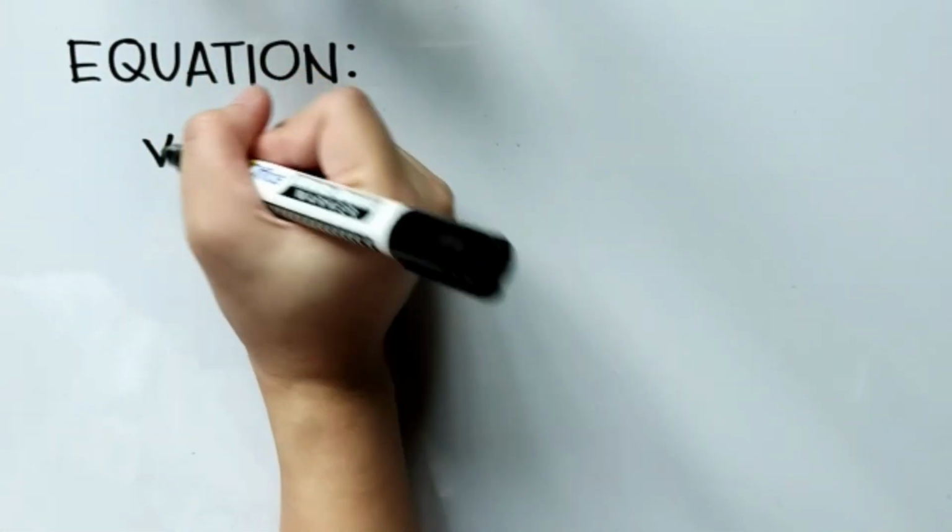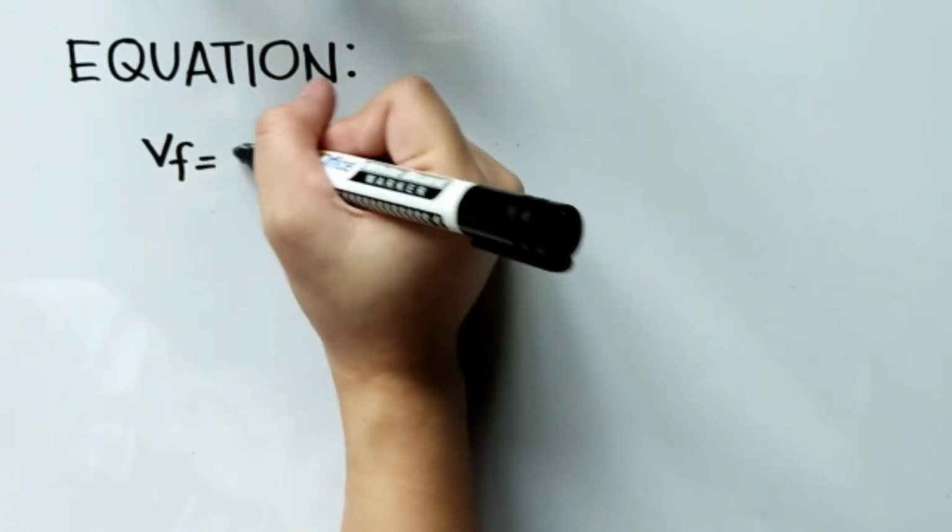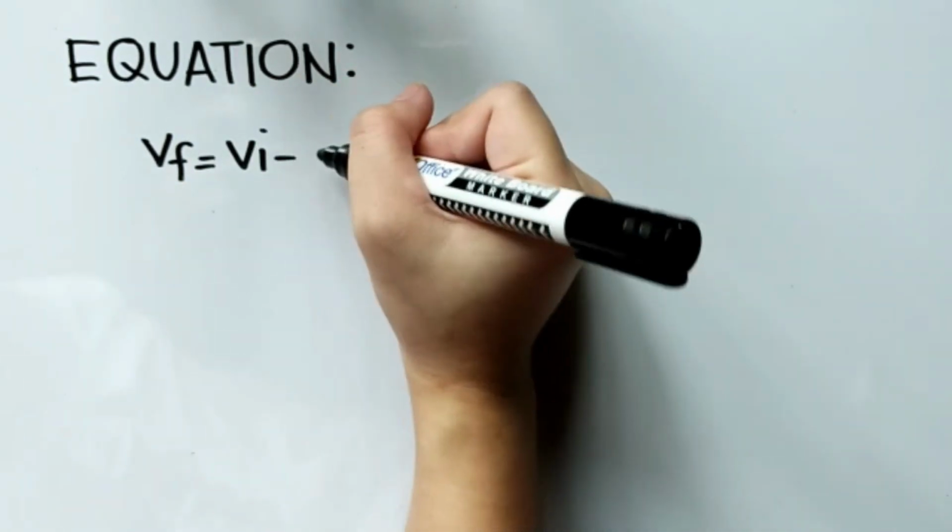We will use the equation v_f is equal to v_i minus gt.